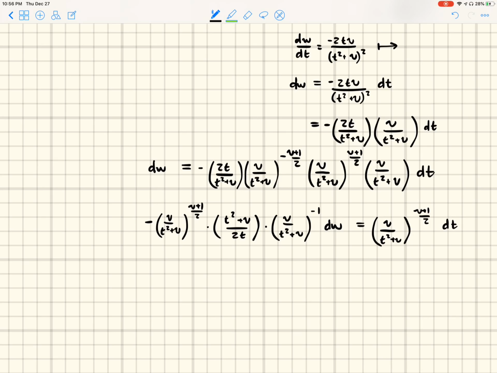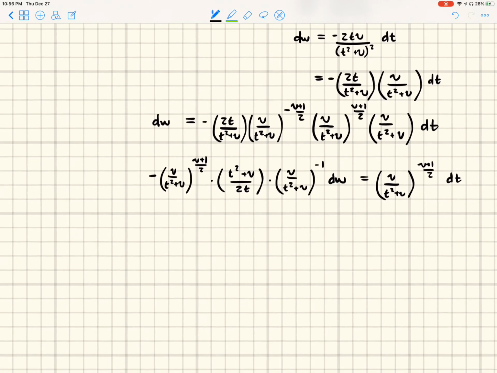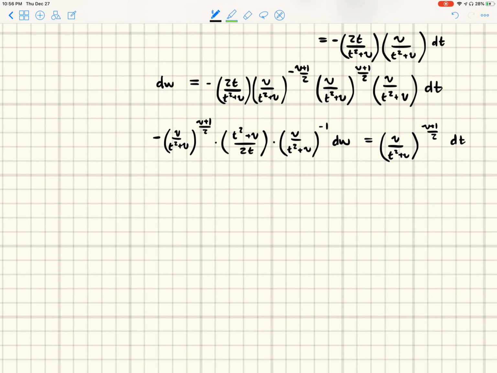And if you notice, we now have our integrand on the right hand side. So what does this left hand side equal? Well, if we recall, w is equal to v over t squared plus v.